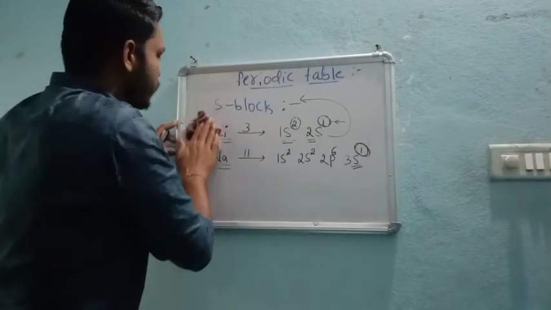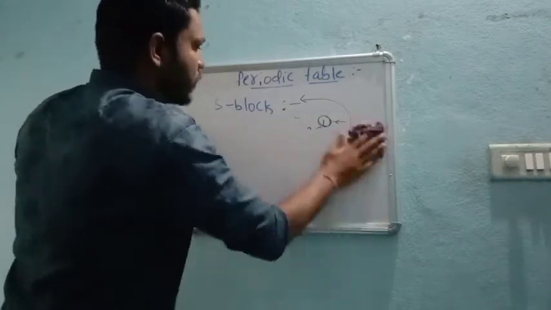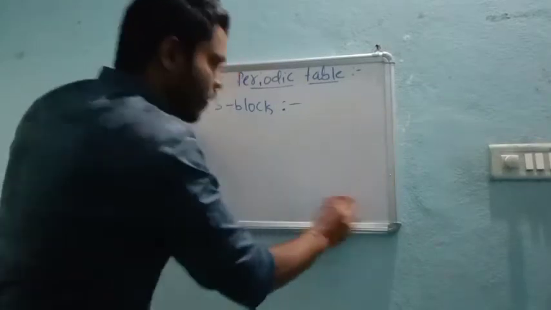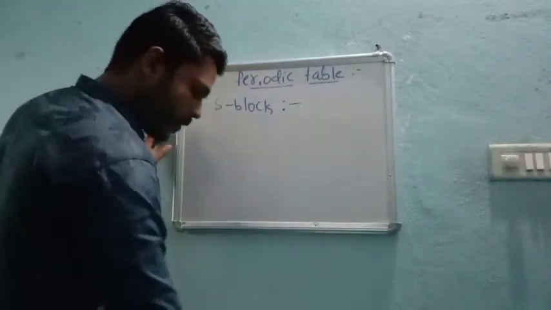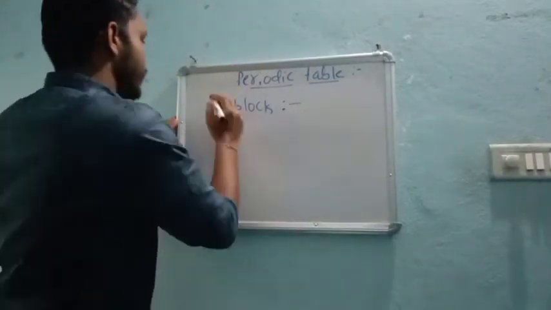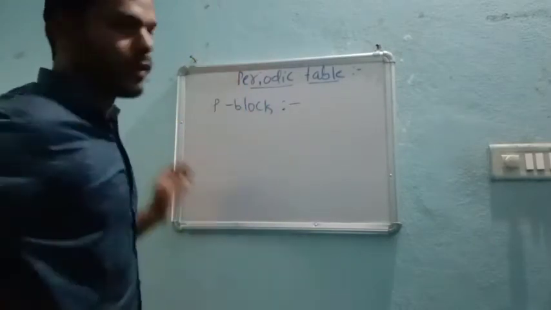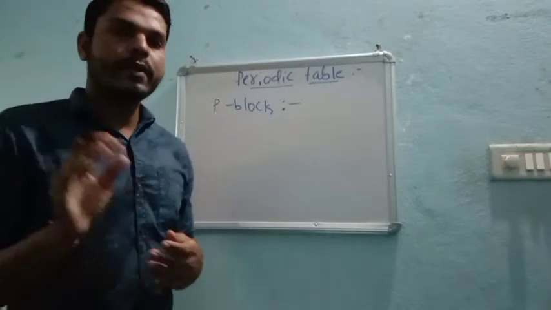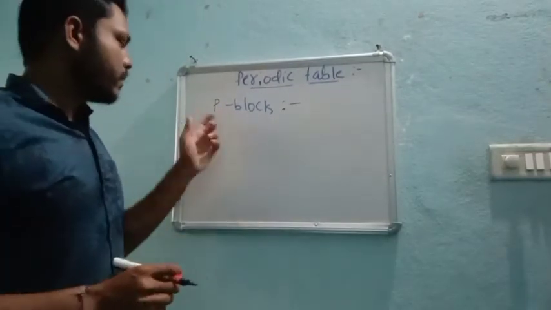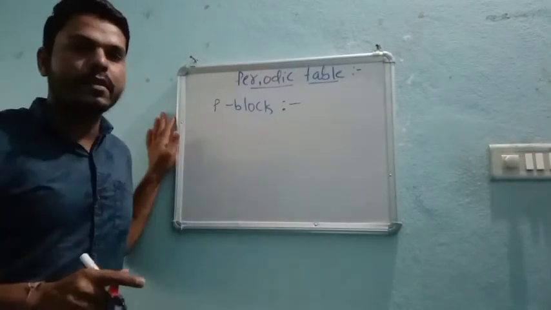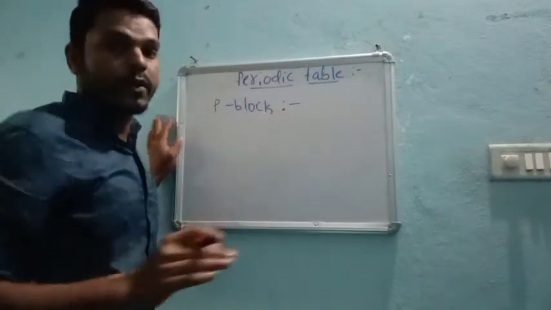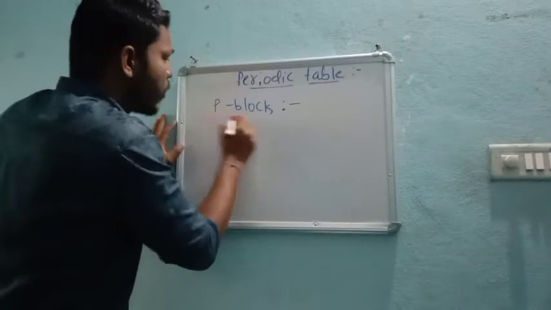Now we will see the p block elements and some examples. P block elements follow the same definition: if the differentiating or last electron enters into the p subshell, then those are called p block elements.